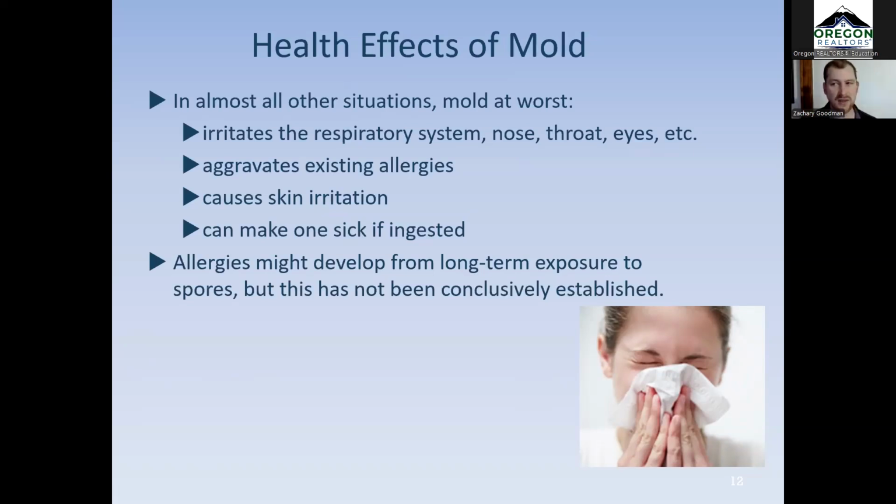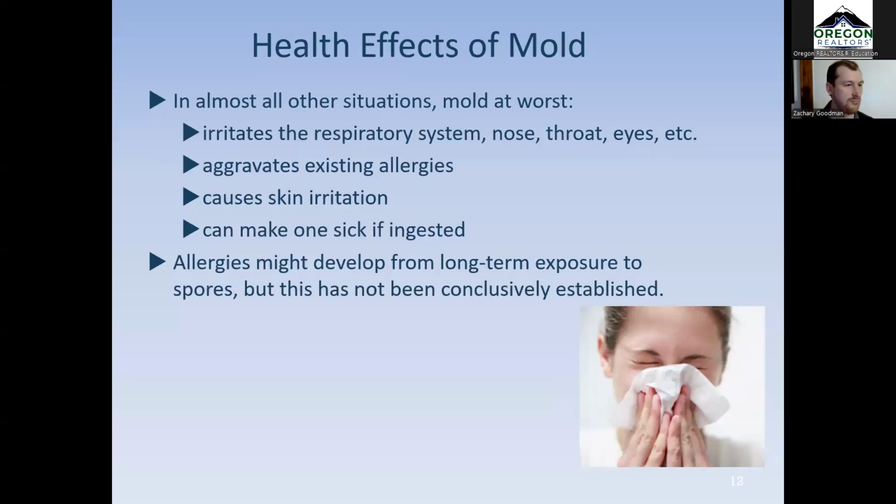Again, it's not to say that there are not worse issues with long-term exposure, but usually that's about someone living in a house with mold for a long period of time, having maybe major issues like mold toxicity poisoning, which is a real thing. I know a few individuals that have had it, but it was a long-term exposure, and in each case, it was someone that already had a compromised immune system.